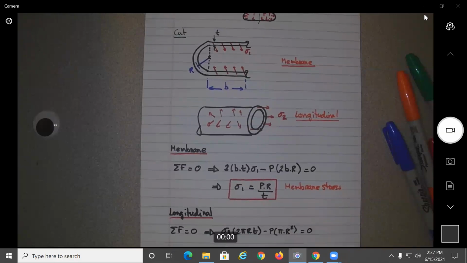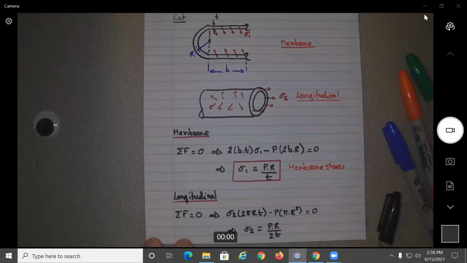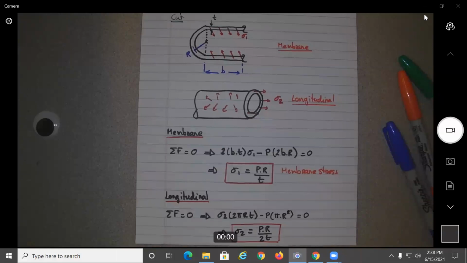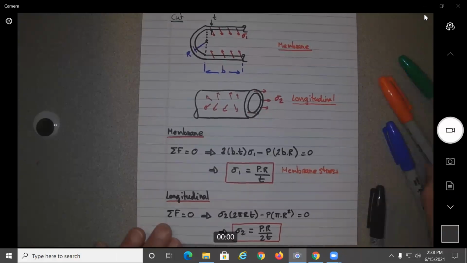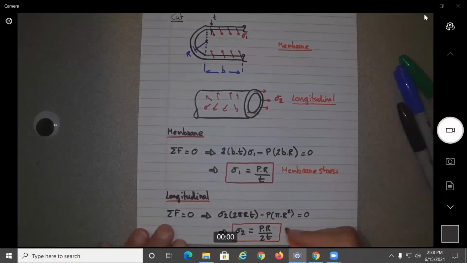So this is going to give you that sigma 2 will be the same thing as before, equal to P times R divided by 2T. If you pay attention, this one should be identical to the spherical, but in this case it would be the longitudinal.